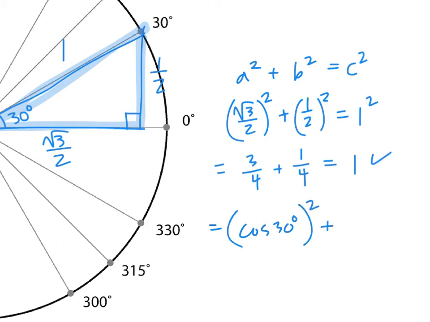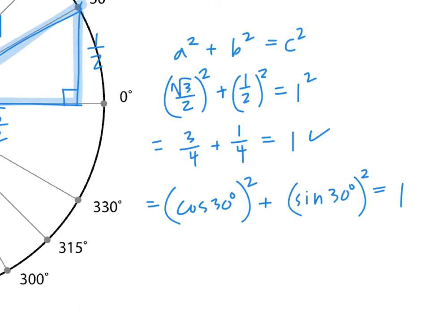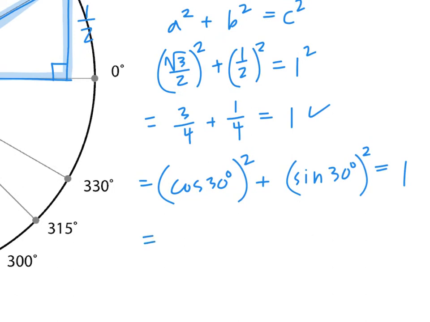What about this 1/2 part? Sine of 30. And that's equal to 1. Another way to write this is cosine squared 30, so the square on the outside can be put inside, plus sine squared 30, is equal to 1.